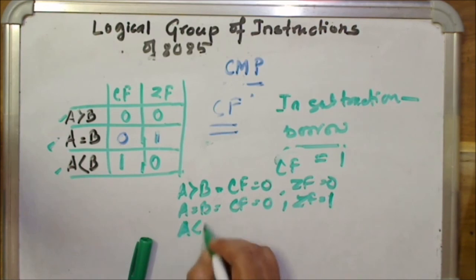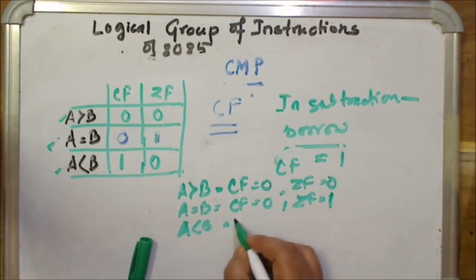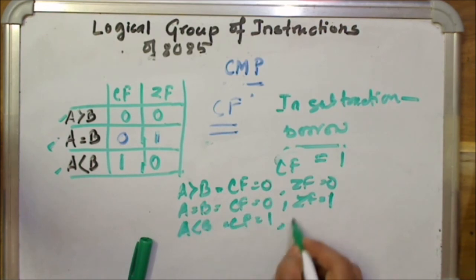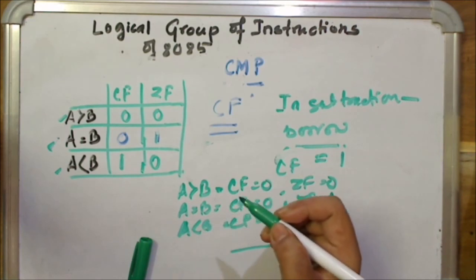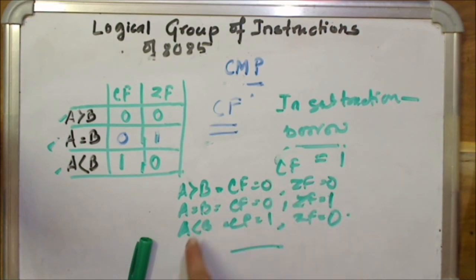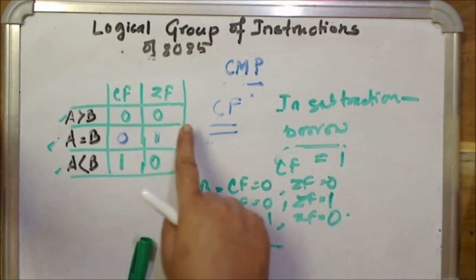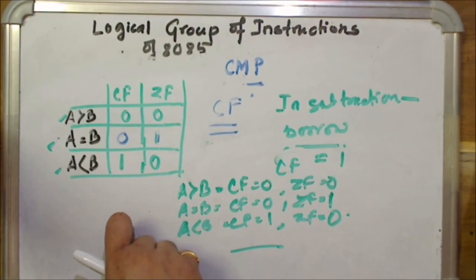And if A is less than B, then carry flag is 1 and zero flag is 0. So if your carry flag is 1, your conclusion is A is less than B. If zero flag is 1, your conclusion is A is equal to B. And if both the flags are 0, that means A is greater than B. So I hope you understood the compare instruction.